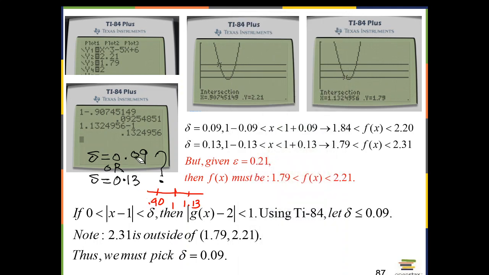We're going to pick the smaller one to be delta, right? So our delta would be the smaller one, and the reason, of course, is that if we pick the bigger one, it wouldn't work. So I'm going to show you why. So here for 0.21 epsilon, we pick delta to be 0.09, because this is smaller than 0.13.